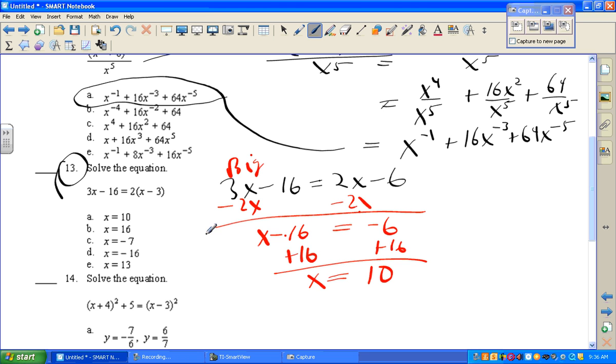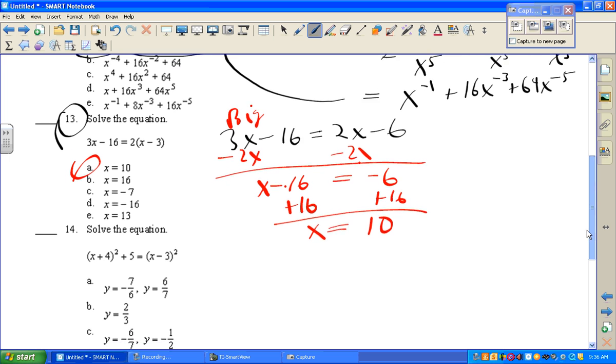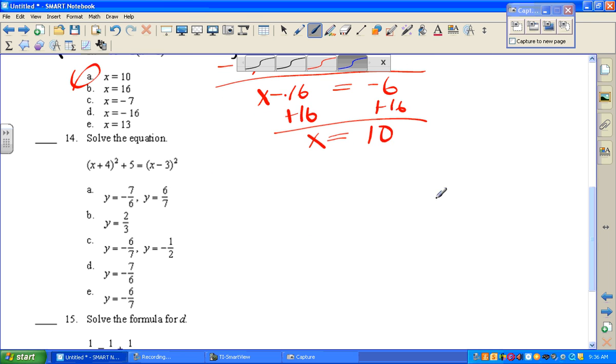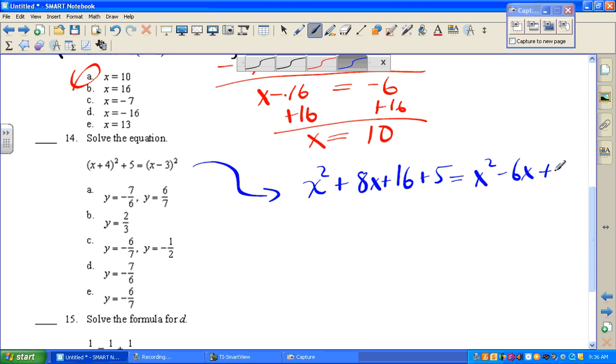Is that what you got, Chris? Nice. Simple little linear problem to solve. This one was missed by quite a few people last time, number 14. That's why I'm glad Logan gets to do it for us. Okay, x squared plus 8x plus 16 plus 5 equals x squared minus 6x plus 9.